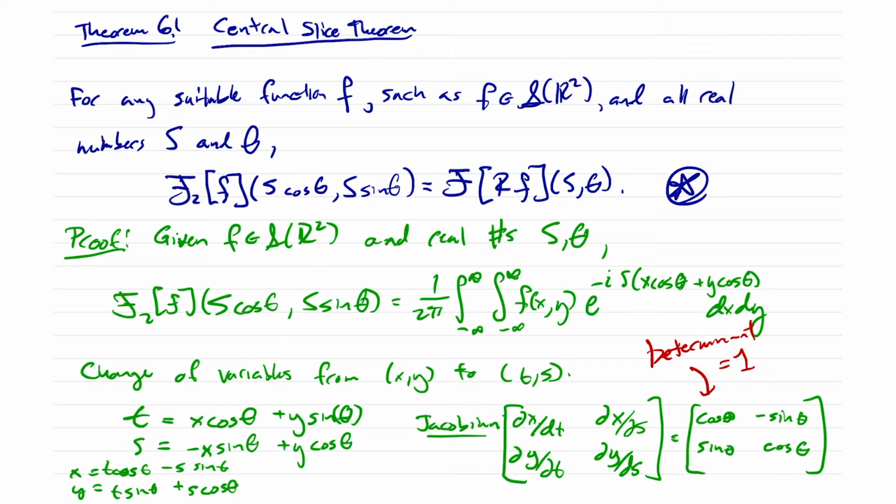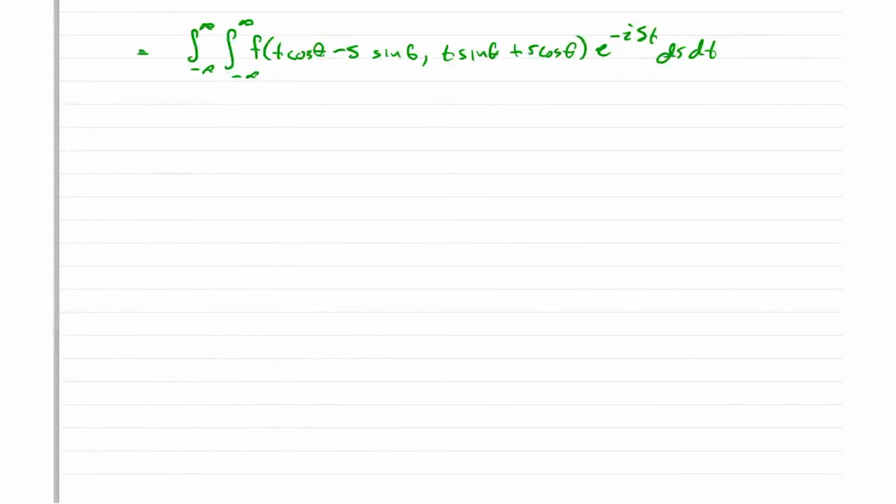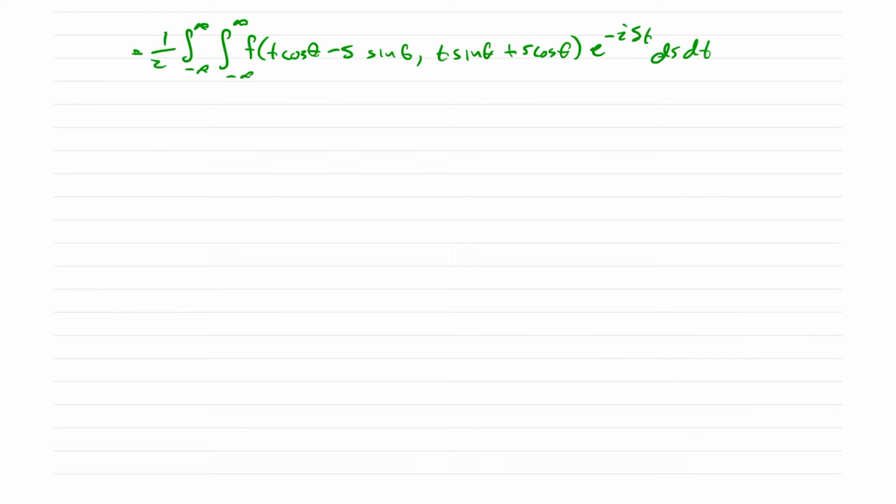By the selection of what we did, this ended up being t, and then we're plugging in x and y in here. Nothing too complicated, and we should still have 1 over 2 pi out front.